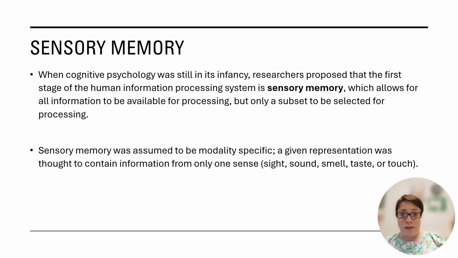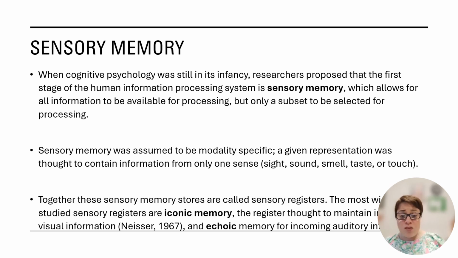Initially, researchers assumed that we have one sensory memory for vision, which would be iconic memory, another sensory register for sound, which is echoic memory, and different sensory memories for other senses as well, like smell, taste, and touch. Together, these sensory memory stores were referred to as sensory registers.